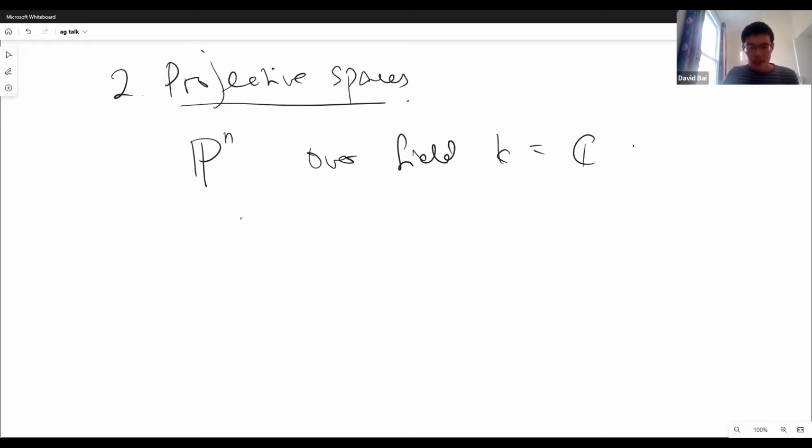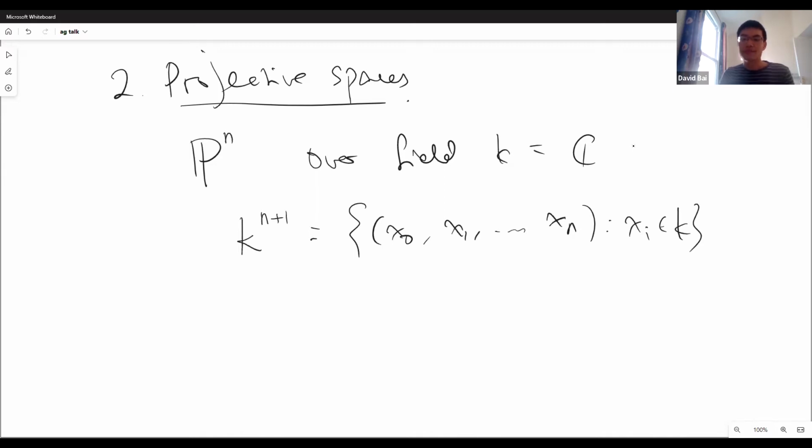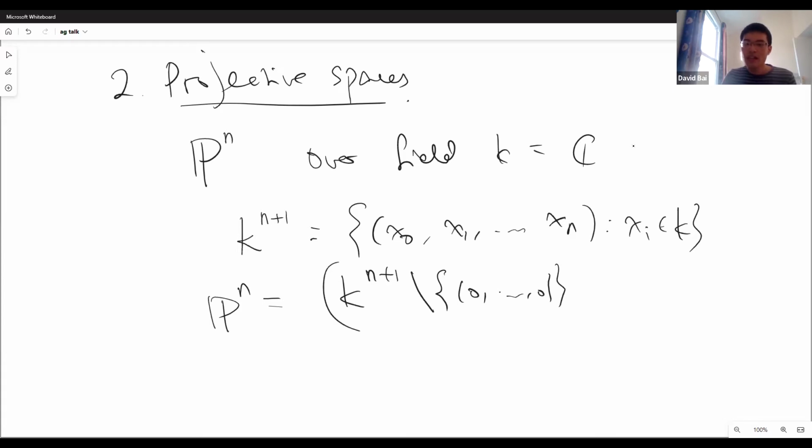I actually start with the vector space Kn plus 1. That's the collection of n plus 1 tuples x0, x1, etc., until xn, where every entry is in my field K. And I can define Pn to be Kn plus 1, removing the 0 tuple, and I want to take the quotient with respect to an equivalence relation.